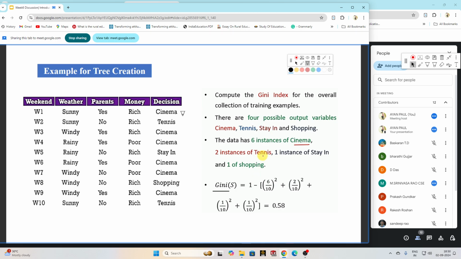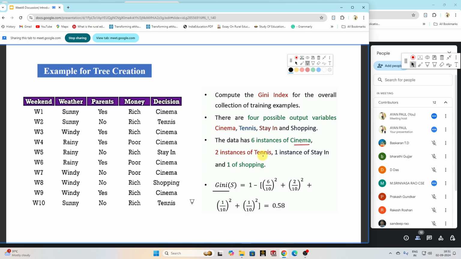Out of these four classes, we have 10 examples. We have 6 instances of cinema, 2 instances of tennis, 1 instance of stay in and 1 instance of shopping.